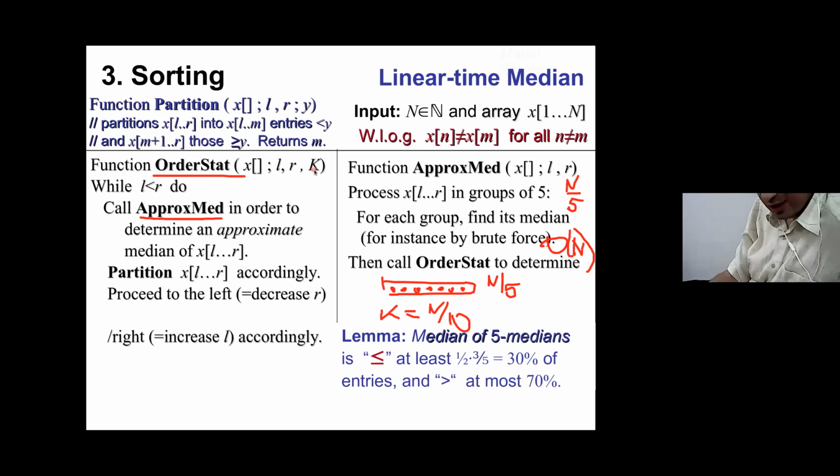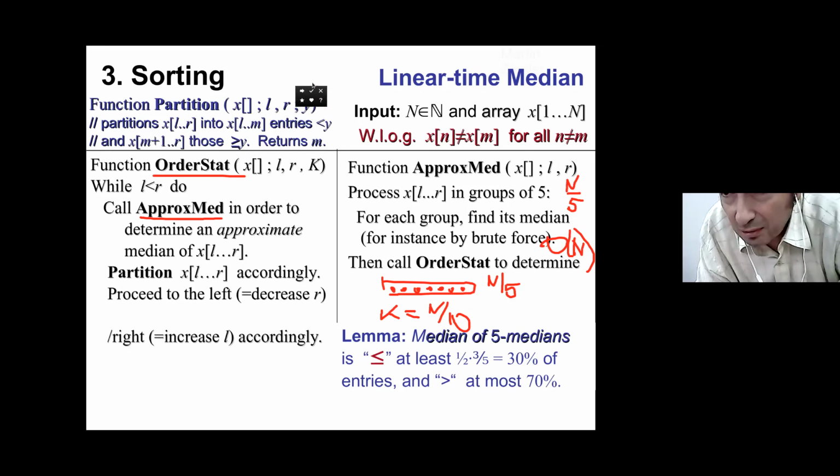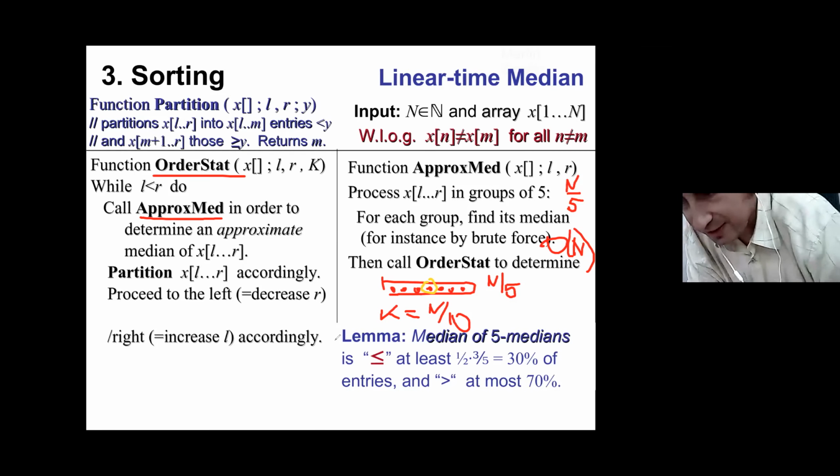So now I have an array of capital N over 5 medians of 5 groups. I call order statistics with half of this size, which is capital N over 10, and this will output this element, which is the median of the 5 medians.